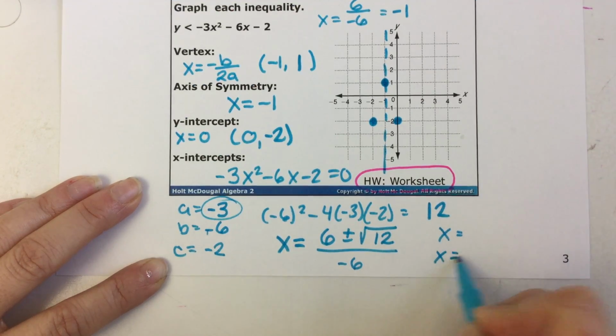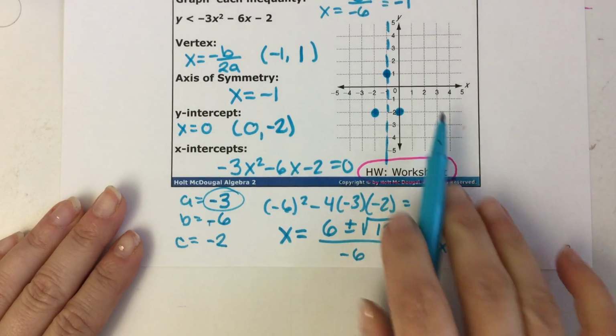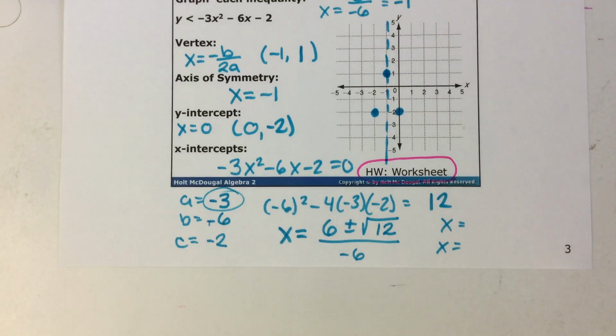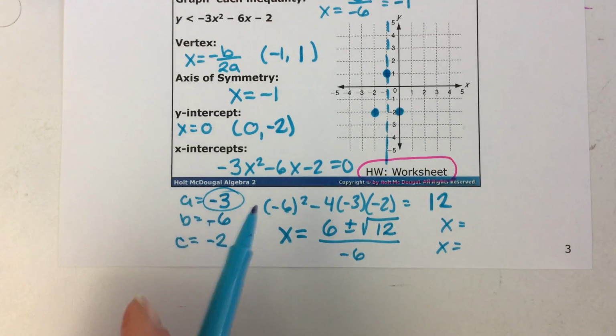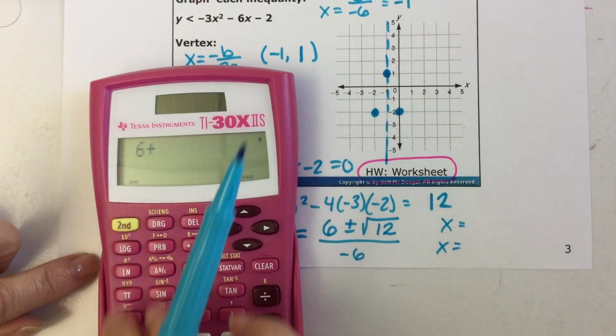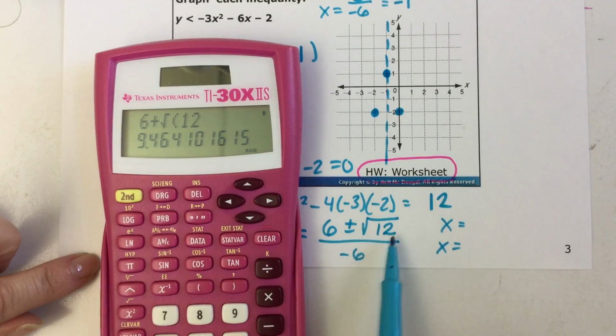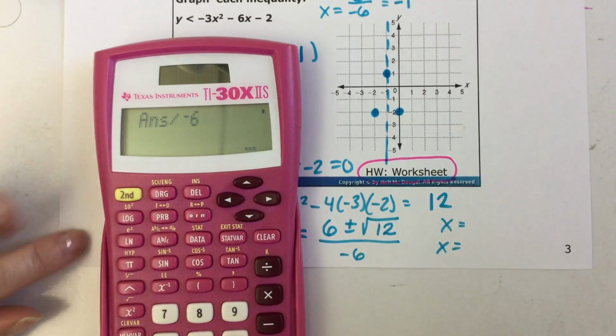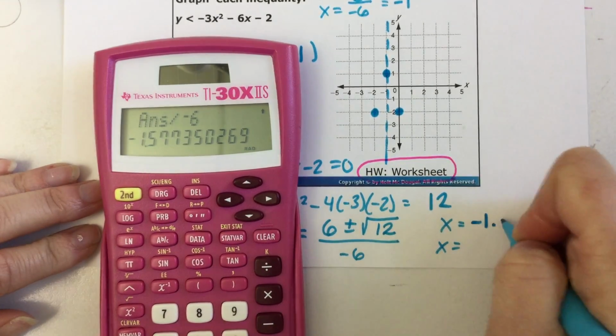Now here's the deal. We are trying to figure this out so we can graph, so I'm not going to worry so much about simplifying this. The bigger picture is I want to get the decimals so I can plot it. So I'm going to go ahead on the calculator. Remember, this is actually 2 answers. 6 plus the square root of 12, hit enter. That's the top. Divided by -6, that's -1.57.